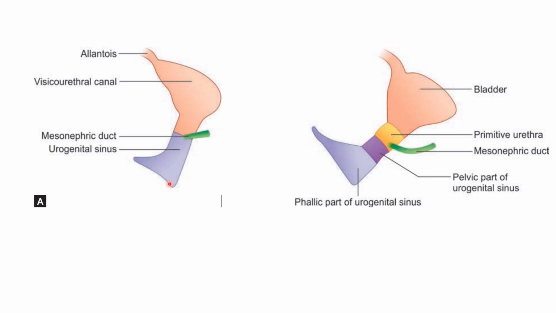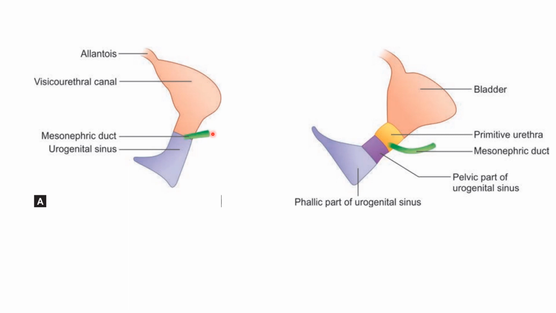This ventral part of the cloaca further forms a structure known as the urogenital sinus. If you see the arrangement, we have the allantoic diverticulum, the vesico-urethral canal, then the urogenital sinus. If you look carefully, you can identify a duct opening into the junction between the vesico-urethral canal and the urogenital sinus, and this duct is the mesonephric duct.